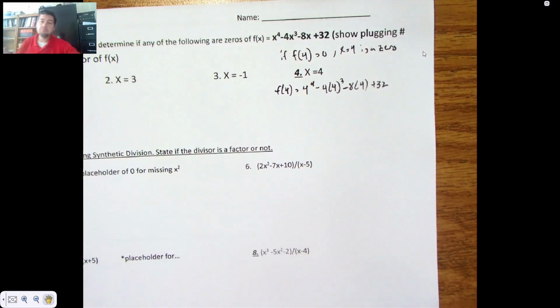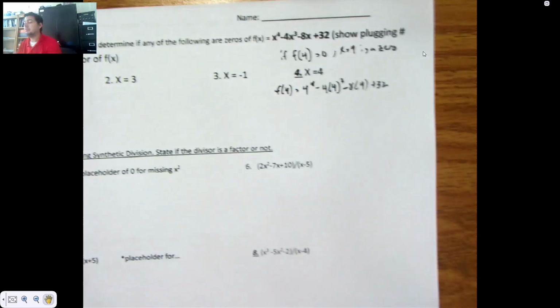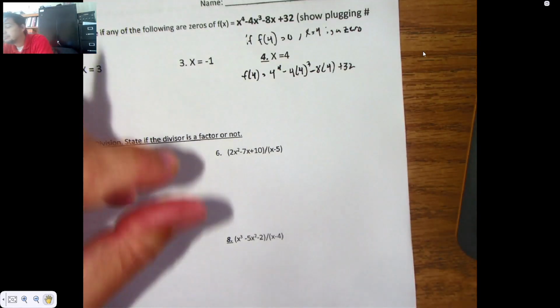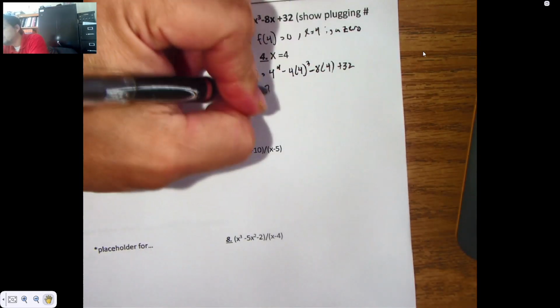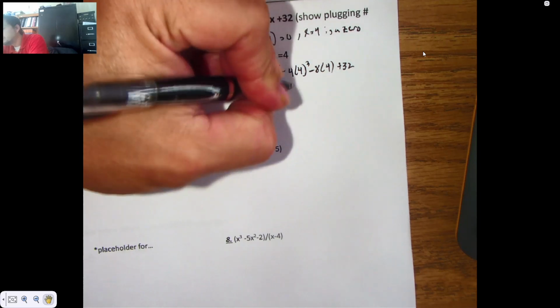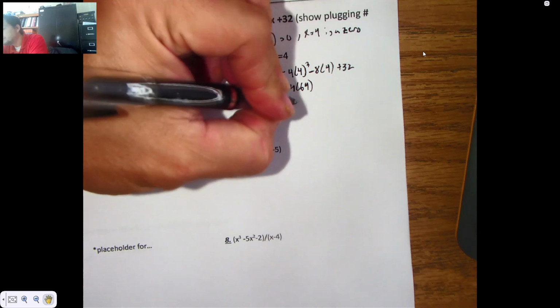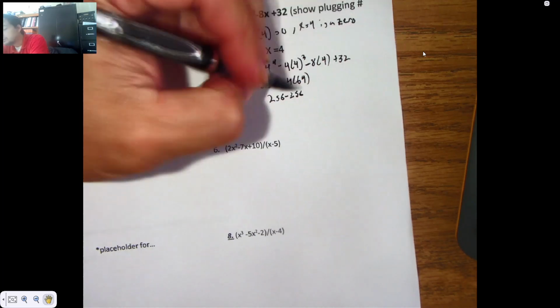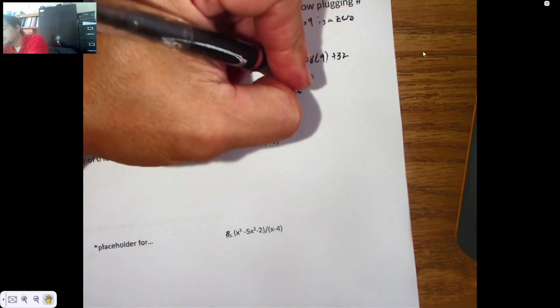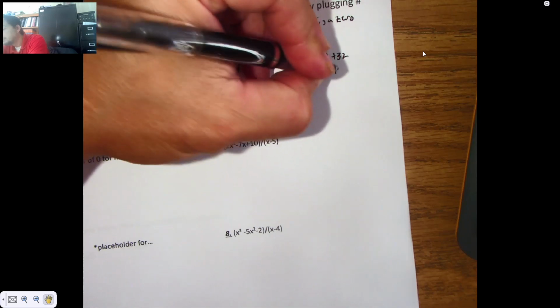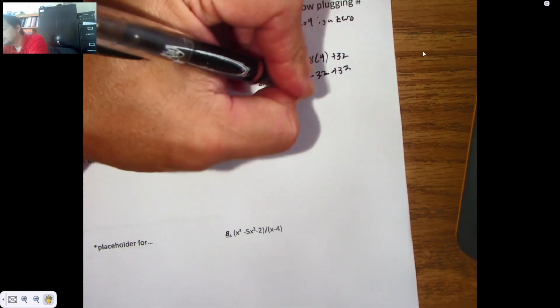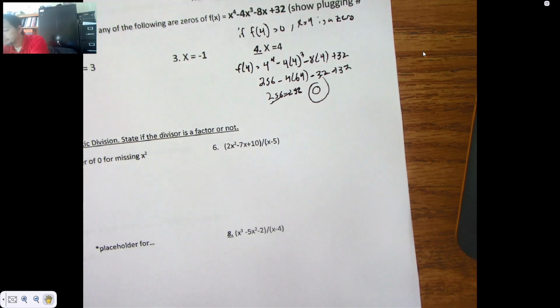Now, for a lot of y'all, that's a big number, whatever. 4 to the 4th ought to be 256. This is 4 times 64, which also happens to be 256. They're going to knock each other out of the park. Negative 8 times 4 is negative 32, and then you have plus 32, and they're going to knock each other out of the park, and you get a 0.